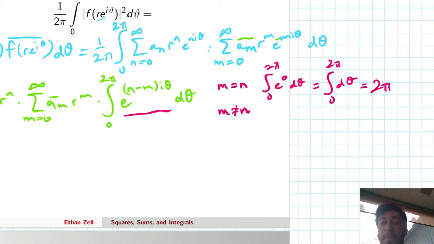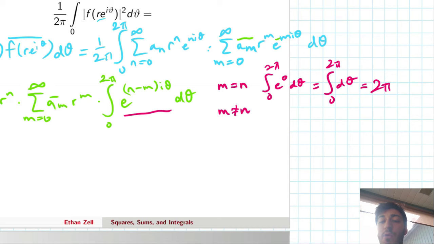And then in the case when m is not equal to n, we have an exponential function in here. But we know that in this domain, this exponential function is analytic whenever m is not equal to n.